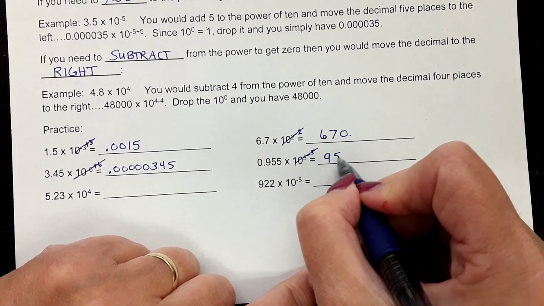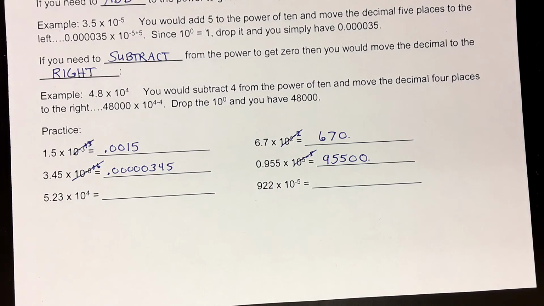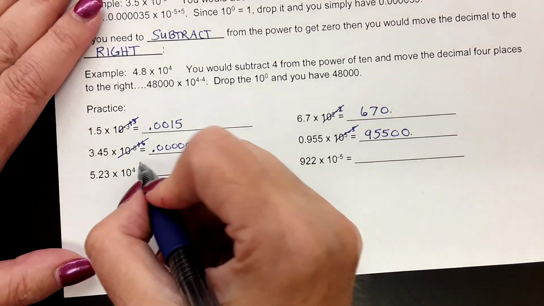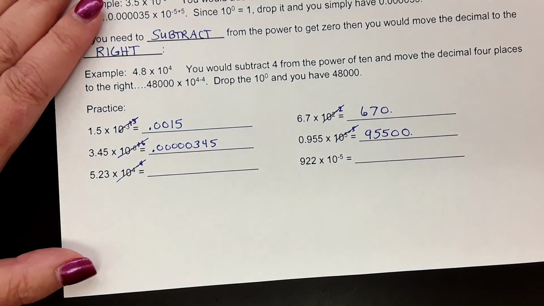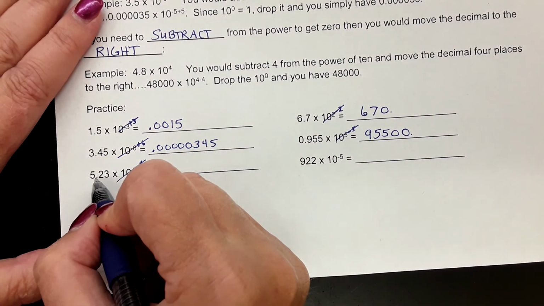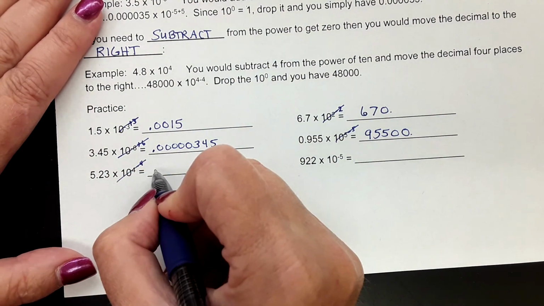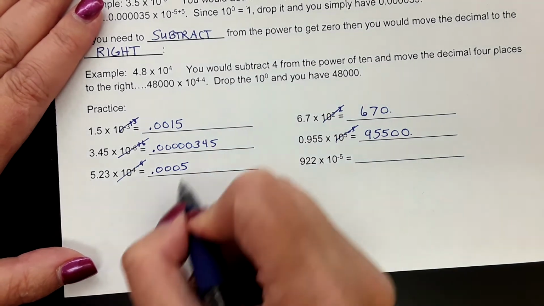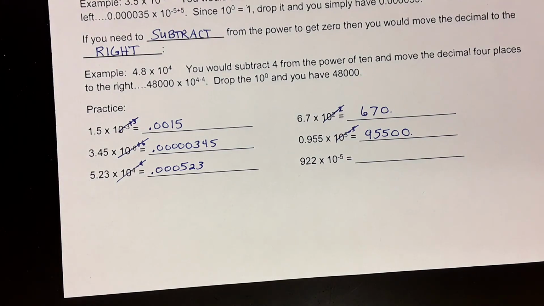So that'd be 1, 2, 3, 4, 5. All right? Over here, we need to subtract 4 to make that 10 to the 0. And if we subtract 4, we got to move the decimal 4 places left. So there'd be 1 place for the 5 and then 3 zeros. 1, 2, 3, 4. And then add the 2 and the 3 on there, because we can't drop them.